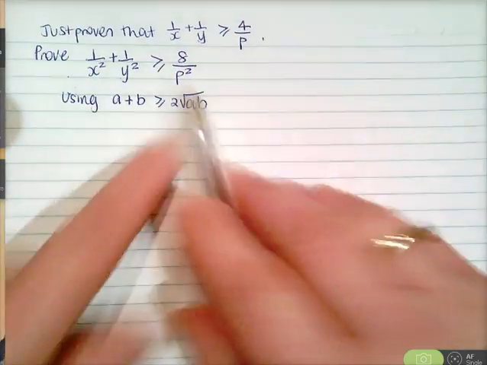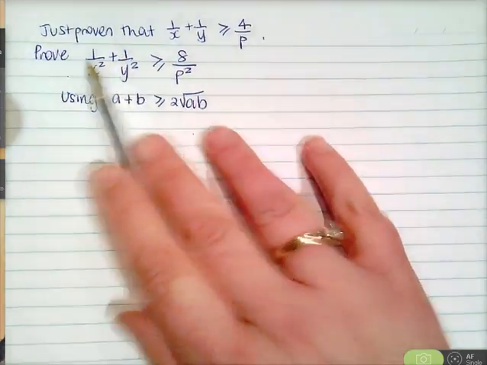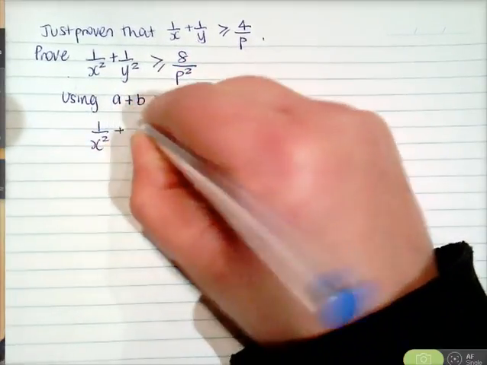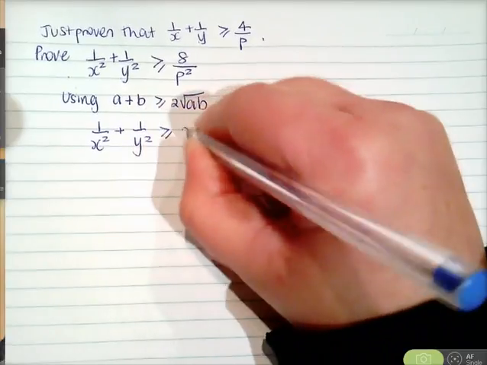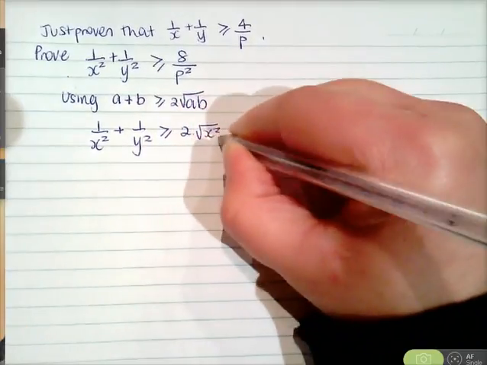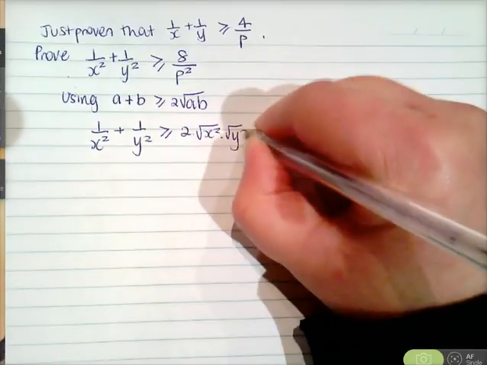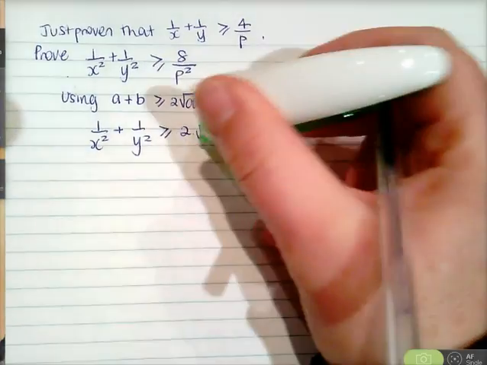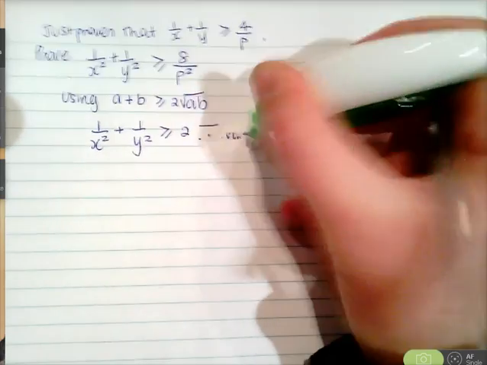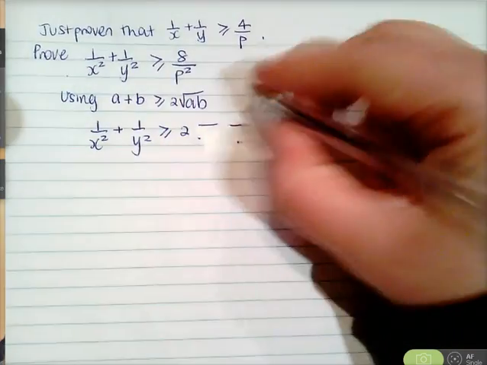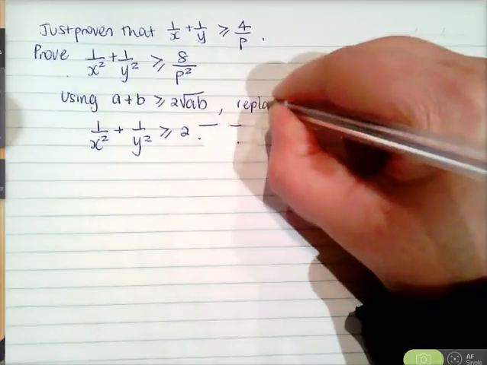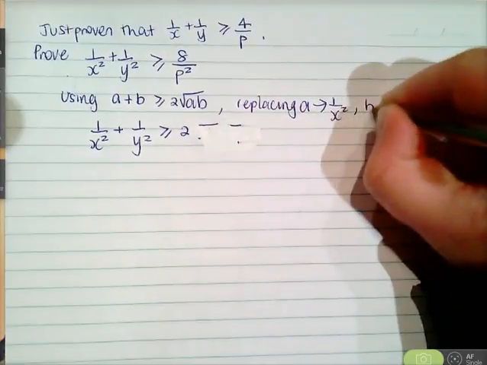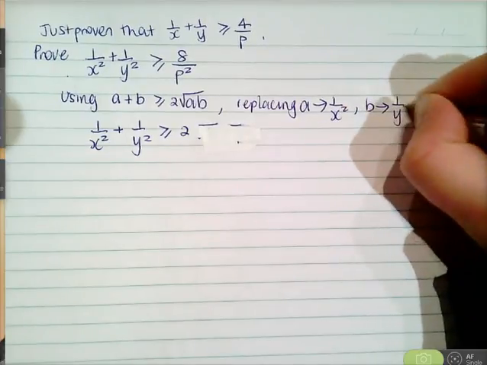So using this original result again with this, we've got that 1 over x squared plus 1 over y squared is greater than or equal to 2 times the square root of... one sec, little mistake there. Sorry, here we're replacing a with 1 on x squared and b with 1 on y squared.